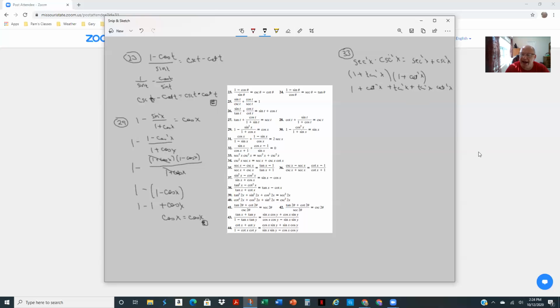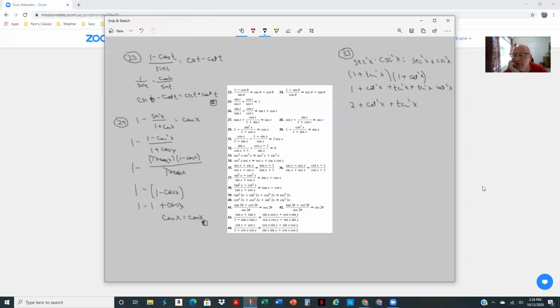Now if you look at that, the tangent squared and cotangent squared are reciprocals, so this is going to be 1. And 1 plus 1 is 2. But you look at that and you're like, well, wait a minute, there's no way that's going to be equal.